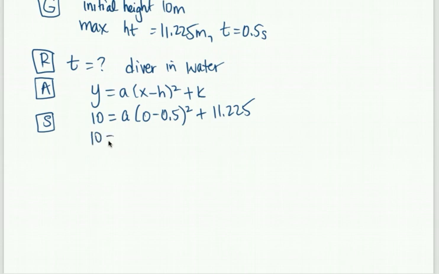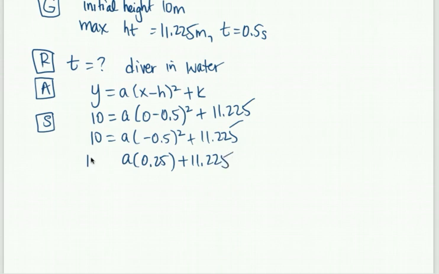Okay, so we're gonna go through here. That becomes negative 0.5 squared. Okay, so just go through step by step, cleaning up everything. Okay, so that becomes A times 0.25. So remember, it's still multiplied here. Okay, and then equals 10.